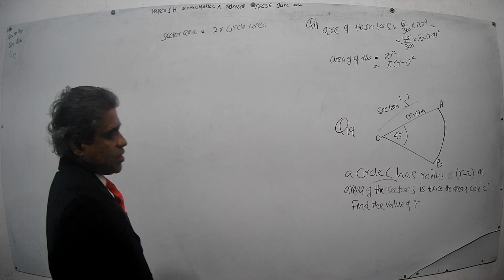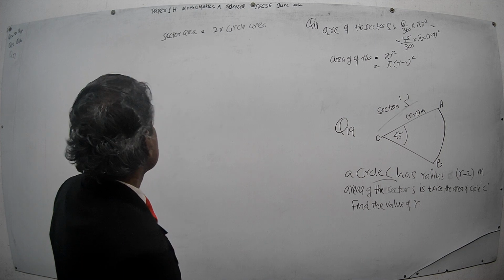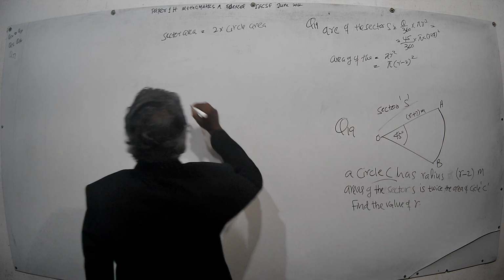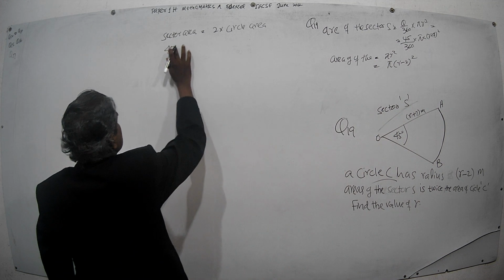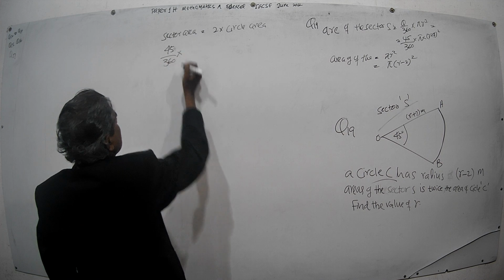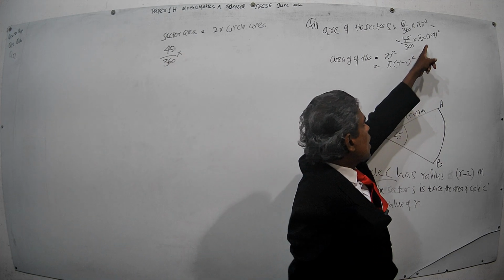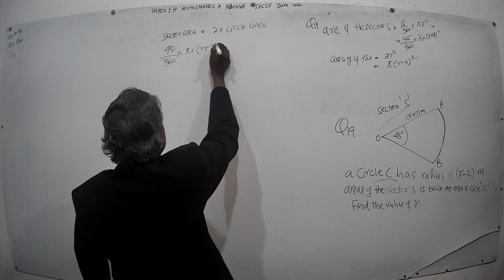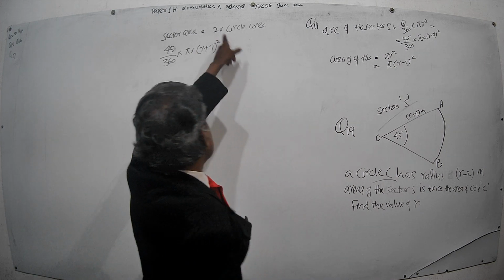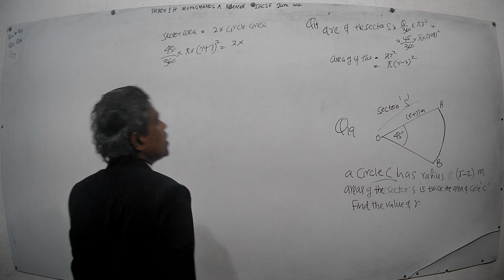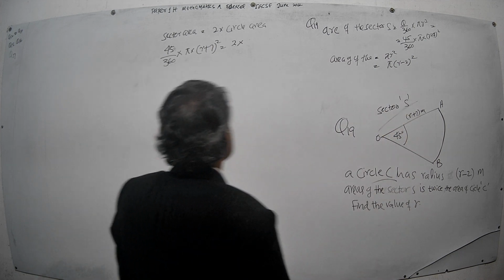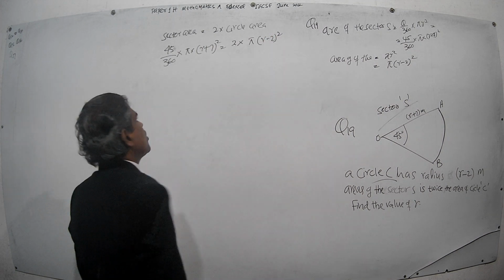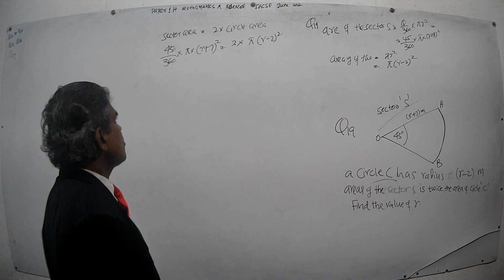Then we substitute the sector area formula: 45 over 360 into pi into (R plus 7) squared equals twice the circle area, 2 into pi (R minus 2) squared. Now we will try to build up this.